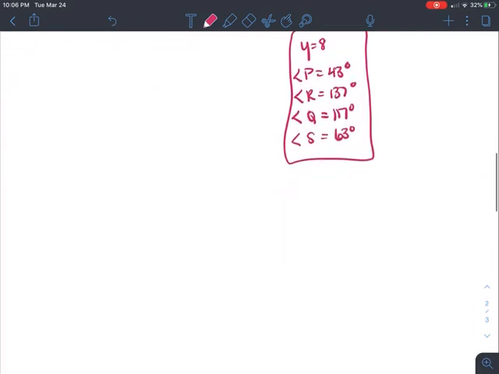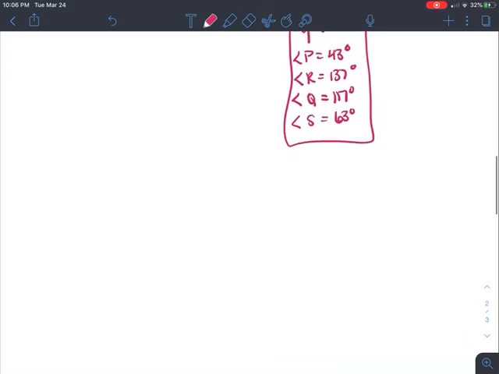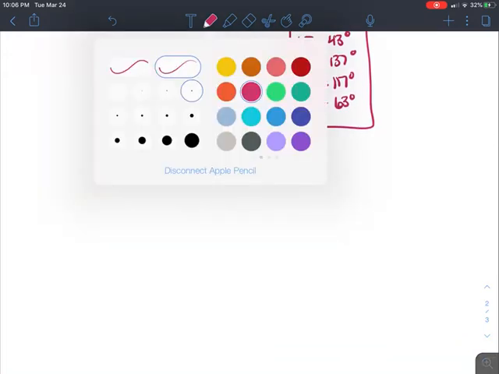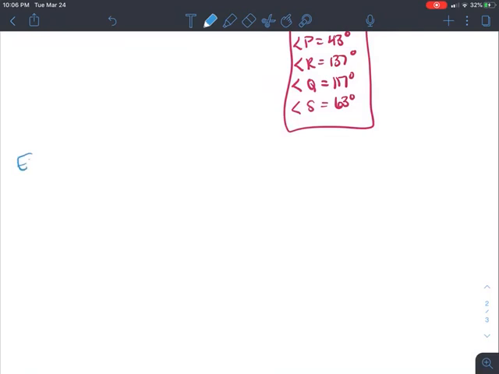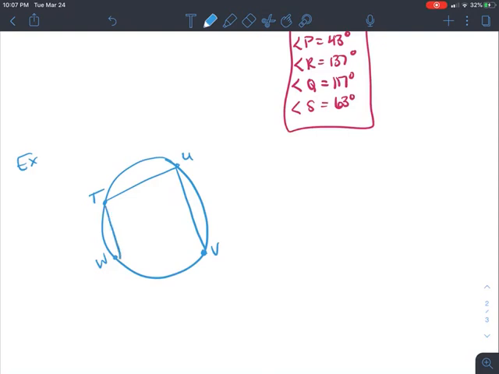I'm going to do another example for you guys where we're going to be doing something similar. Let me draw that out for you. In this example, we have T, U, V, and W. Sorry if this is not drawn exactly to scale as it is in the notes. I'm doing this freehand, so it's not perfect.